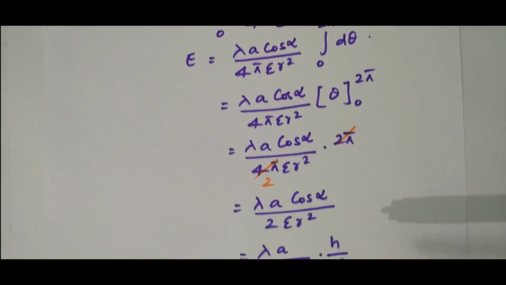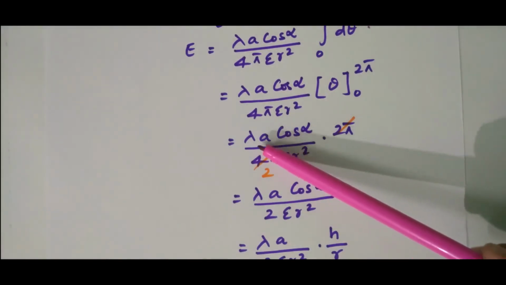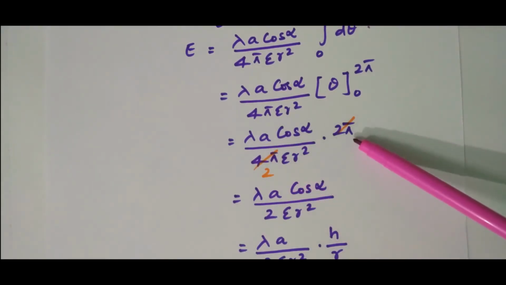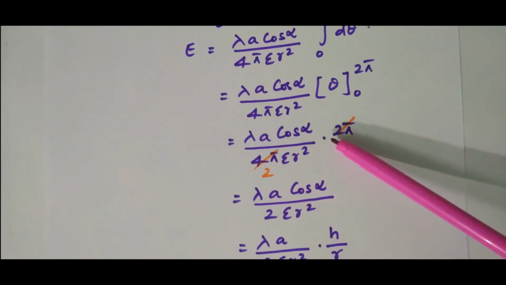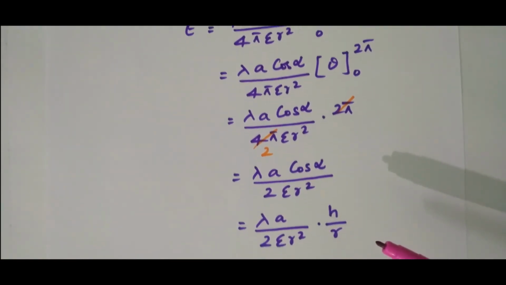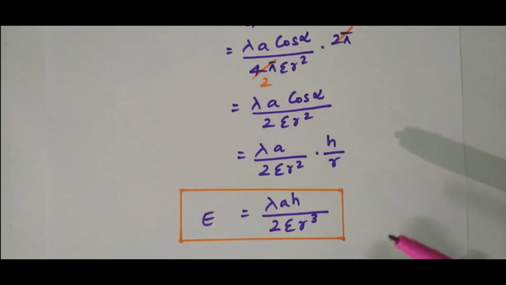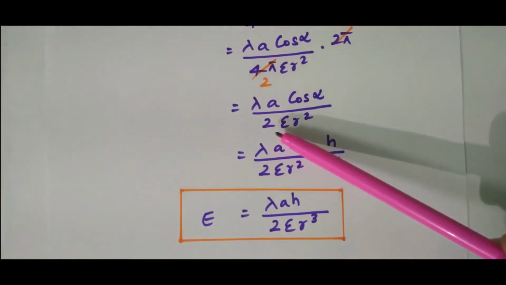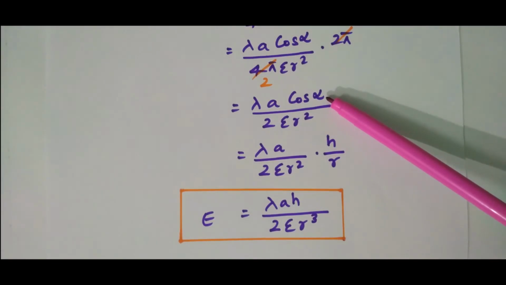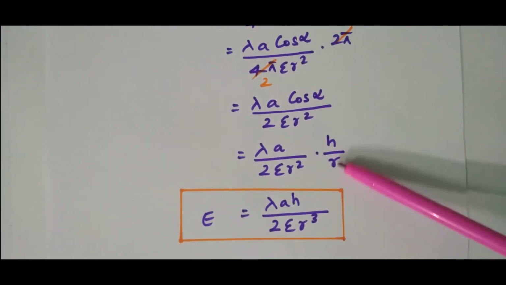While substituting, what will happen? Lambda a cos alpha divided by 4 pi epsilon R square into 2 pi. The lower limit is 0, only 2 pi remains. The 2 cancels, so we get lambda a cos alpha divided by 2 epsilon R square. We already have the cos alpha value, h by r, from the triangle.